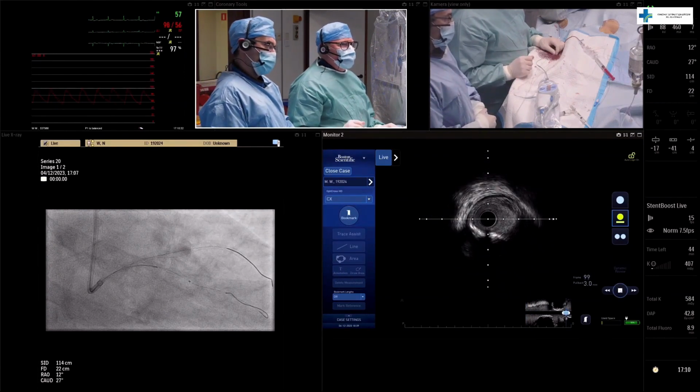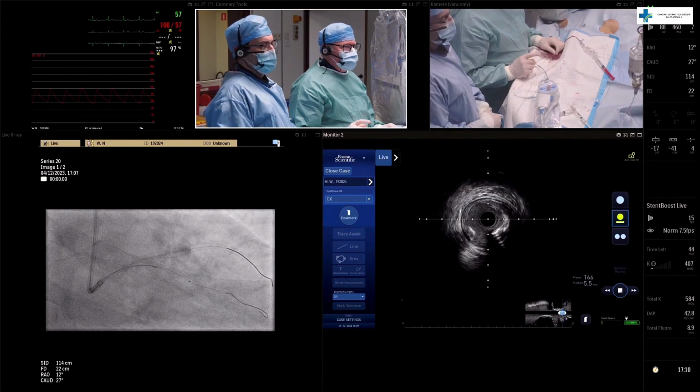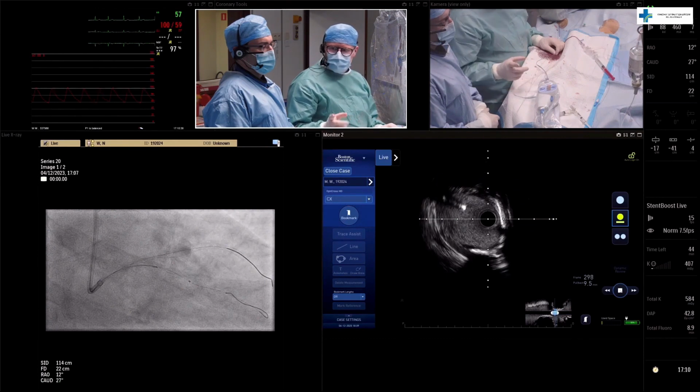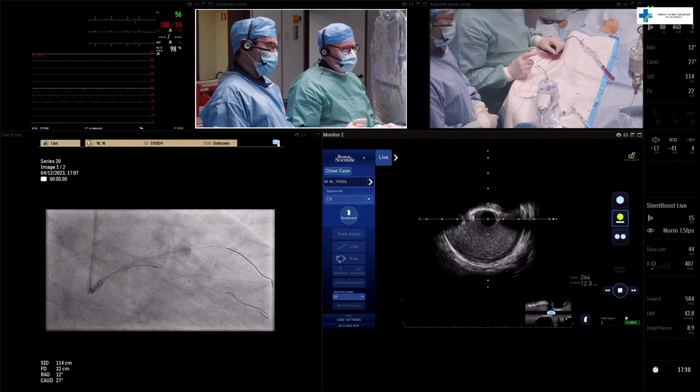So after this, our next step would be stent implantation. As we mentioned before, we would like to implant a 3.5, 22 millimeter long Zotarolimus-eluting stent.